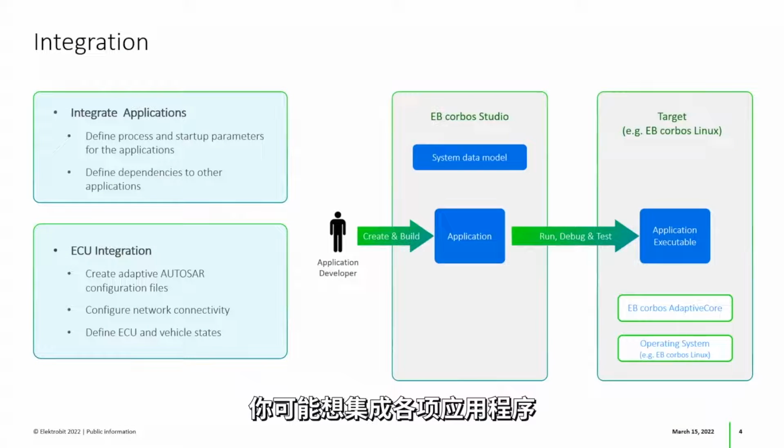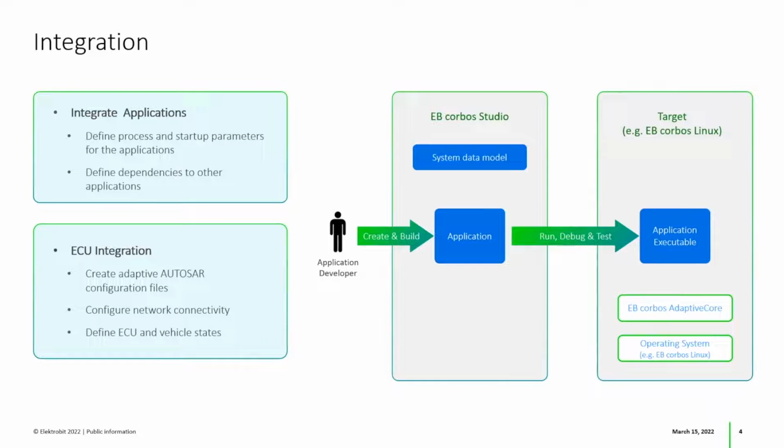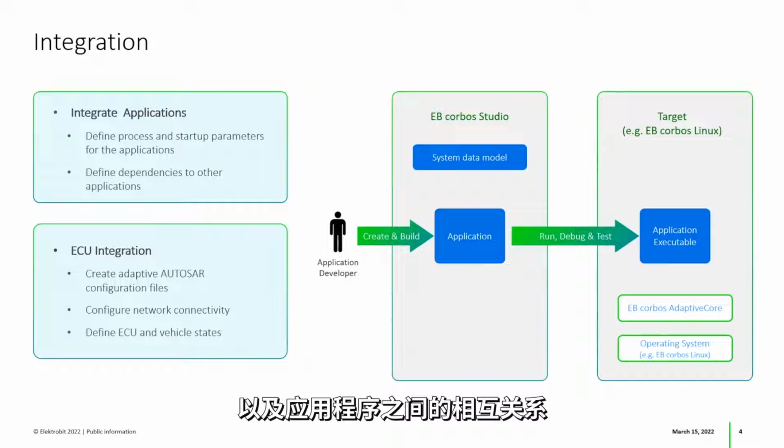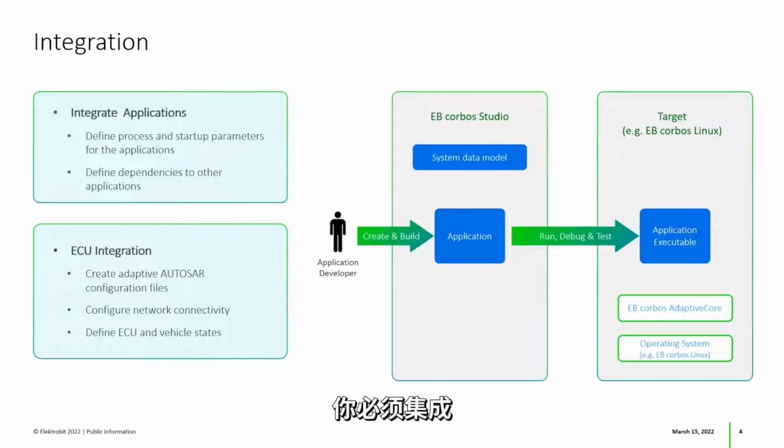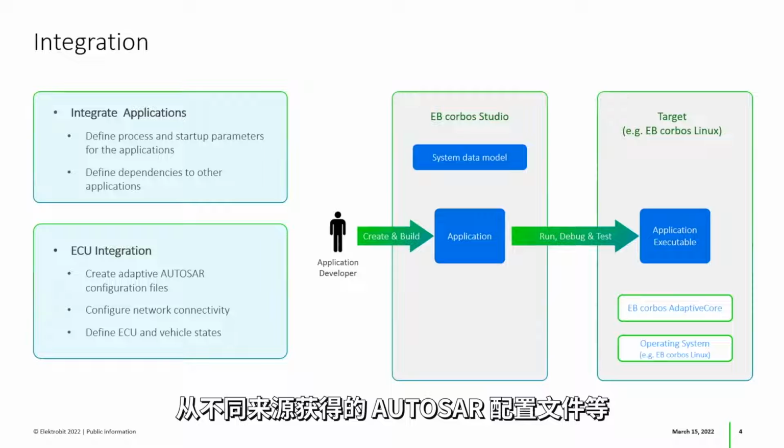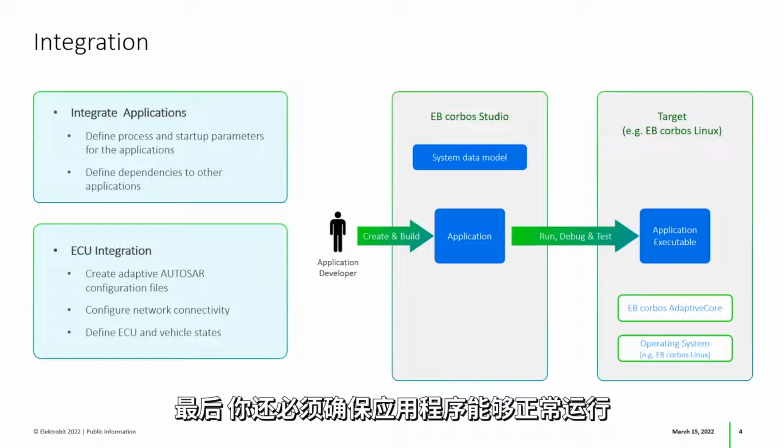Probably you want to integrate applications, so you need to define startup parameters, define process parameters for your applications, dependencies between applications. You need to integrate AUTOSAR configuration files that you get from different sources and so on. And in the end, your application should work.